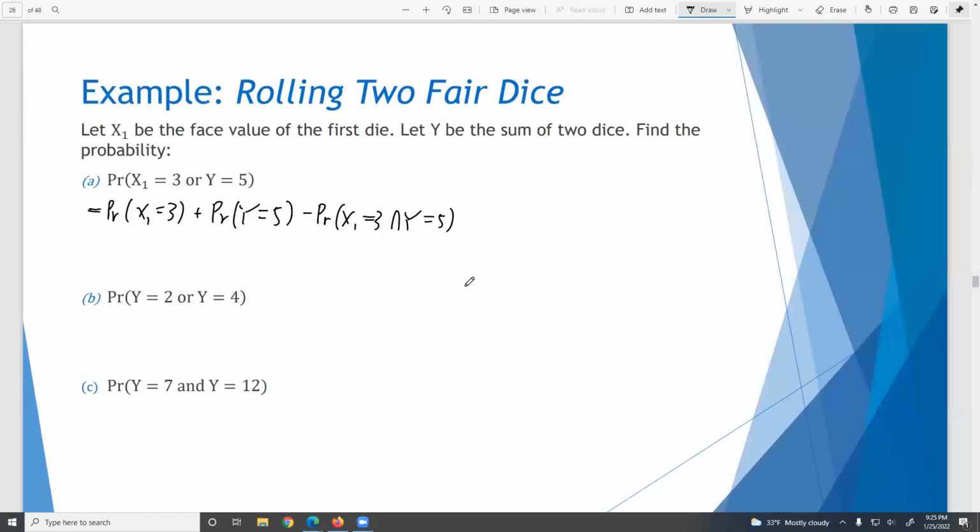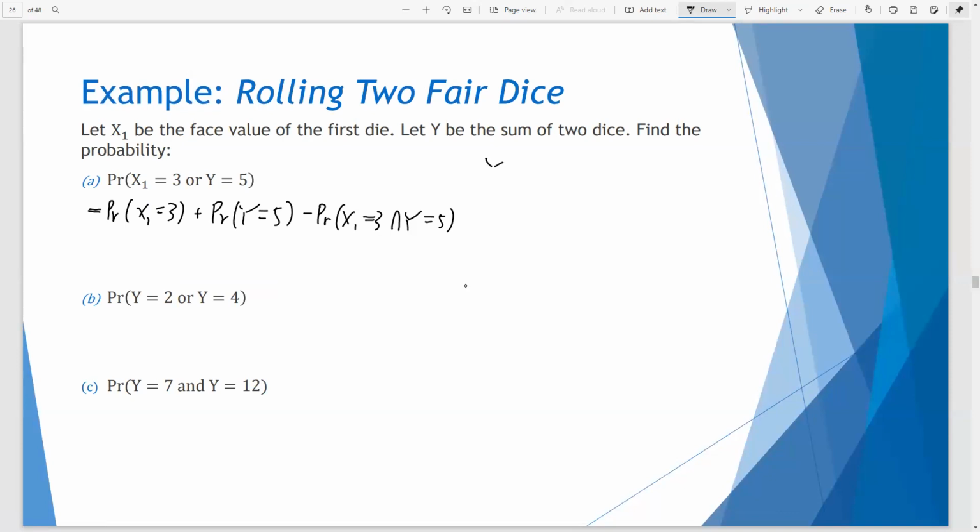And how do we get the sum to be 5? That is the tricky part here, right?